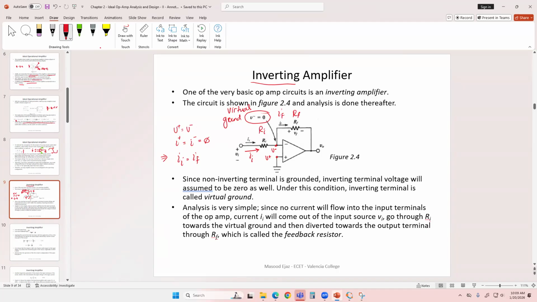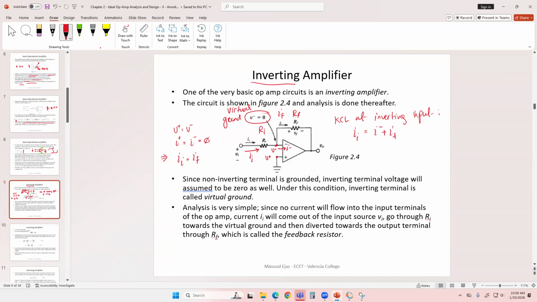If we assume that this is the current I negative, then KCL at the inverting input gives you: I input is going towards the node, and I negative plus IF are going away from the node.